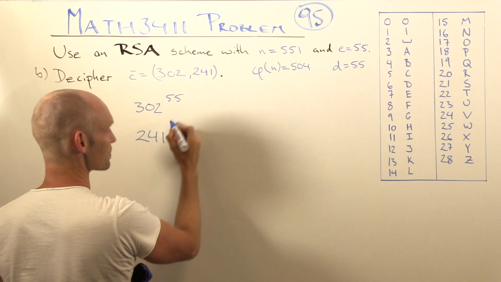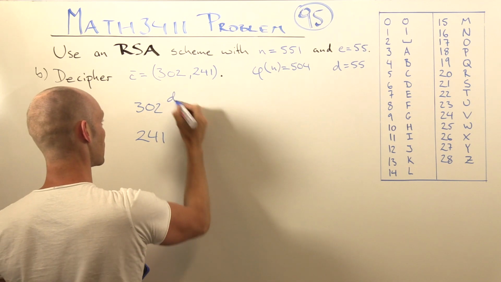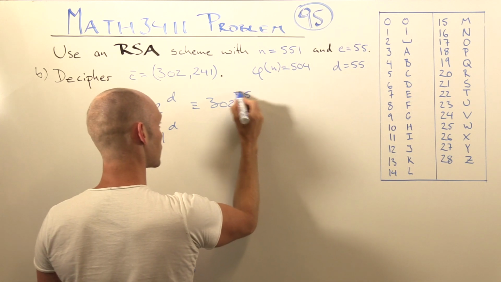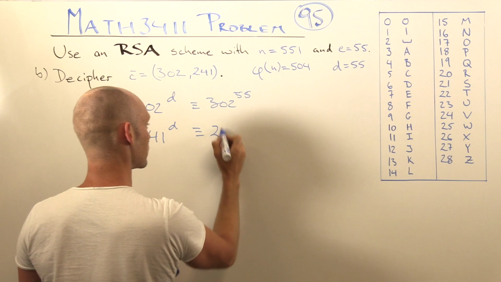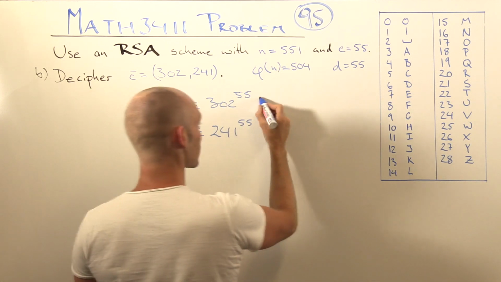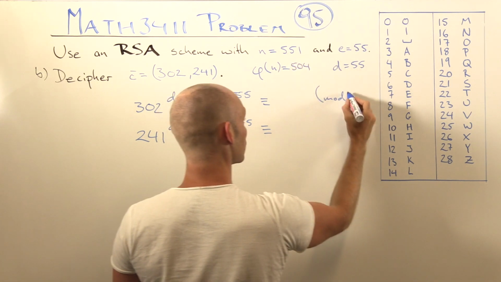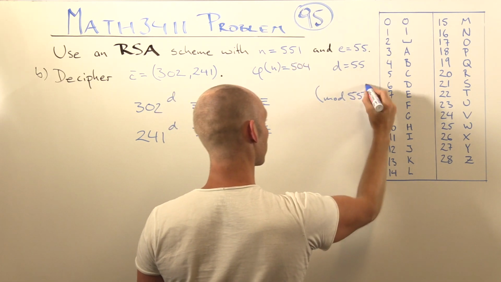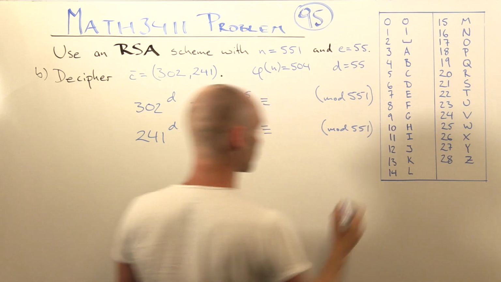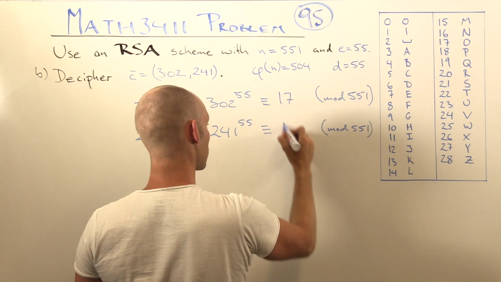This happens to be the same number, so maybe just to make that clearer I should write D here, and before we had E. Of course the calculations are the same, but they could have been different had the problem been slightly different. Now you have to work out what these powers are, mod N, or 551, and you work out that that gives you 17 and 13.